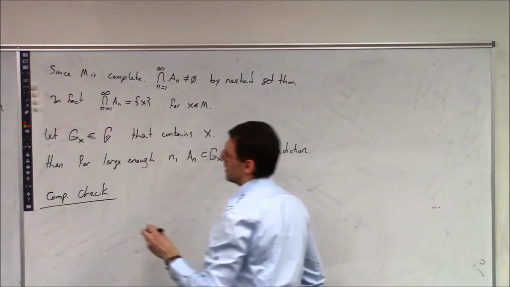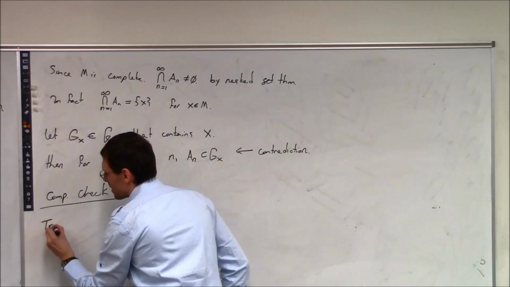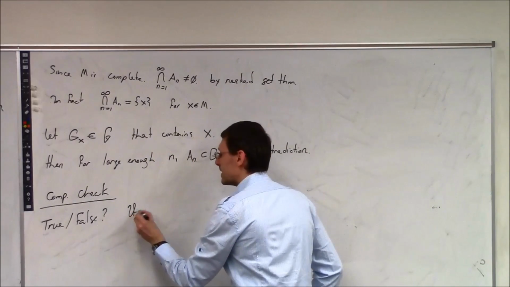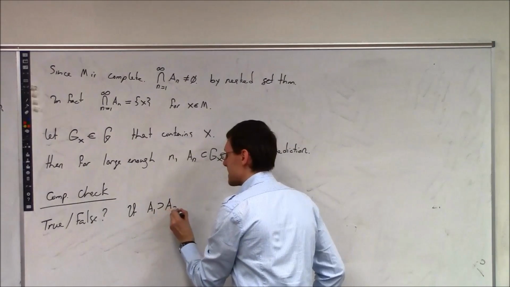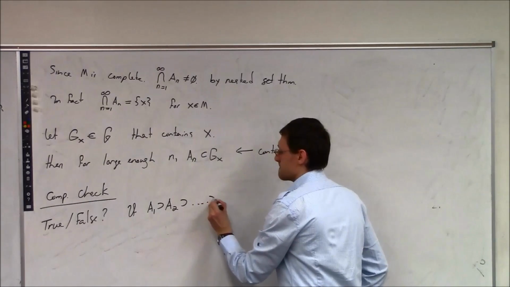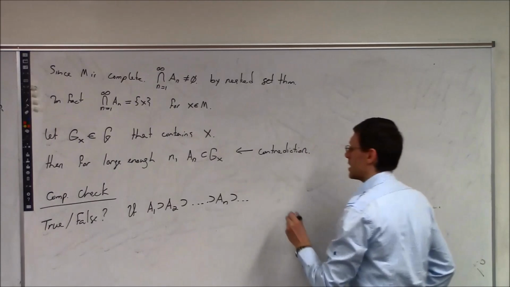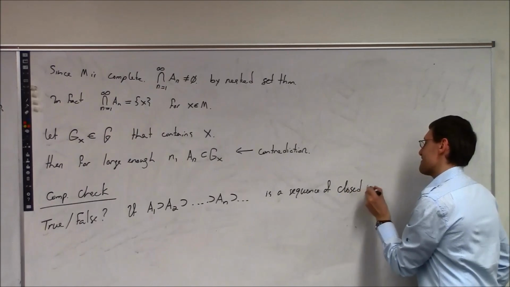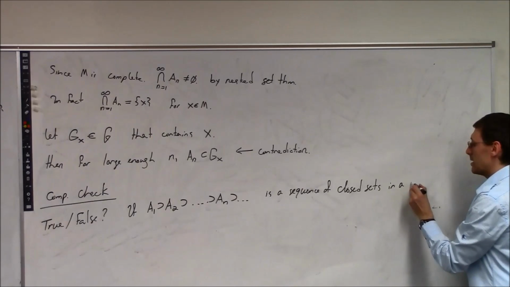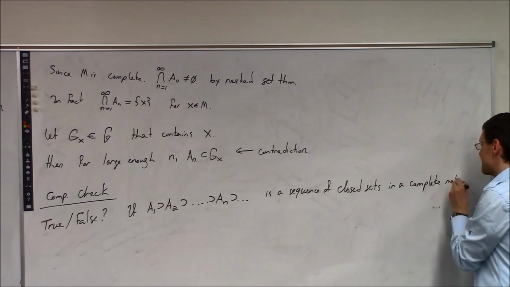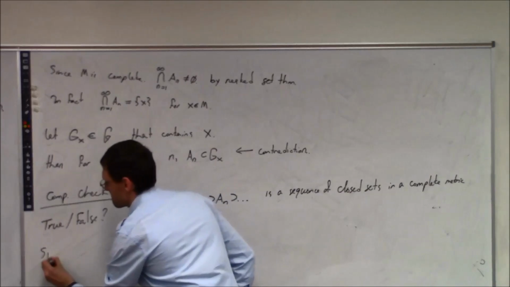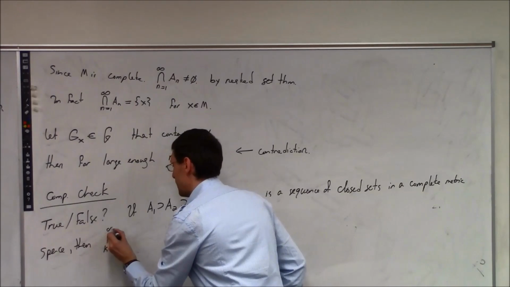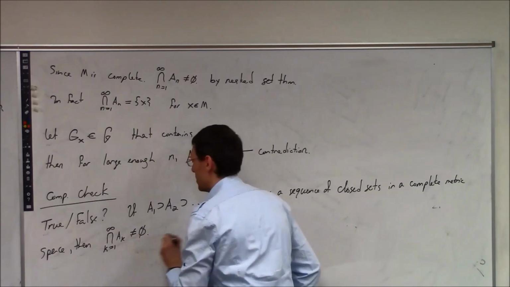True or false: if A1 contains A2 contains and so on is a sequence of closed sets in a complete metric space, then the intersection is not empty. True or false?